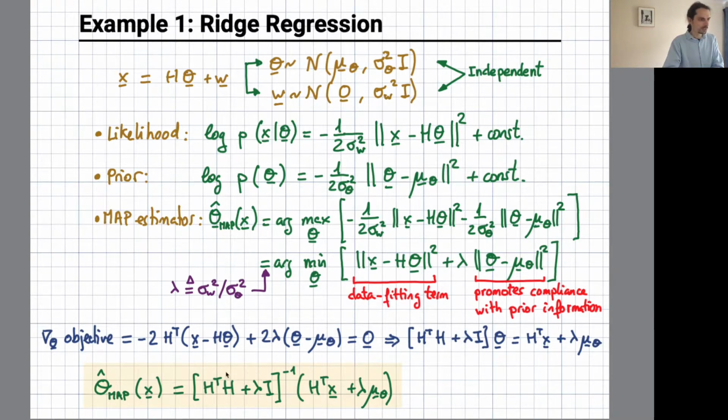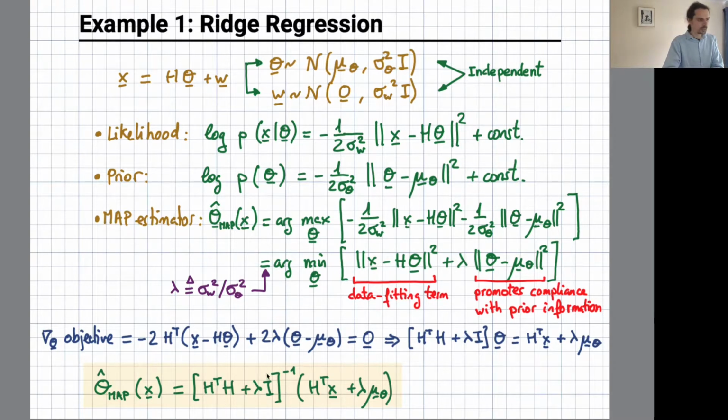However, this matrix is always invertible. To see that, just remember from linear algebra that H transpose H is always positive semi-definite, therefore it has non-negative eigenvalues, and when we add a scaled identity, the effect is that lambda is added to all the eigenvalues.